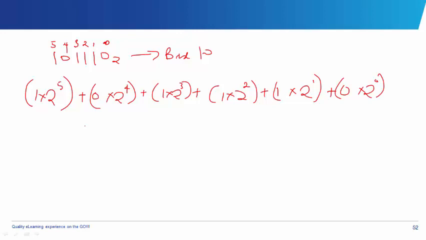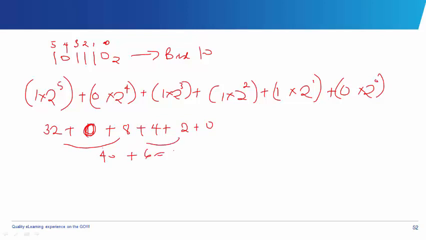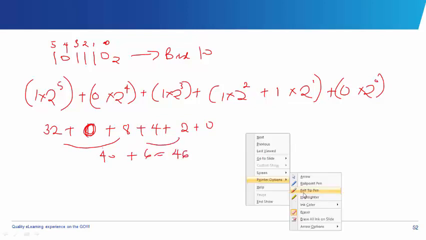So we've come back to indices. 2 raised to the power 5 is 32, plus 0, plus 8, plus 4, plus 2, plus 0. 32 plus 8 will give us 40, plus 6. So answer equals 46.